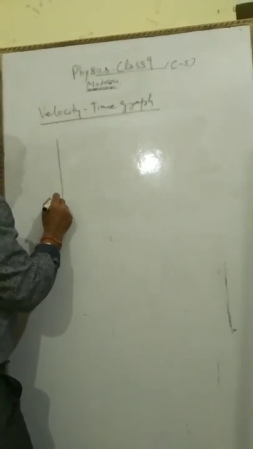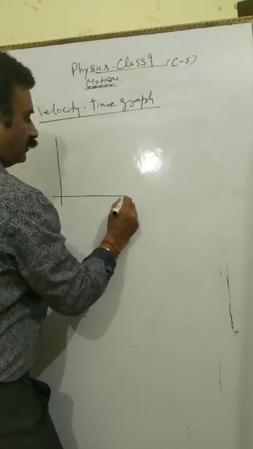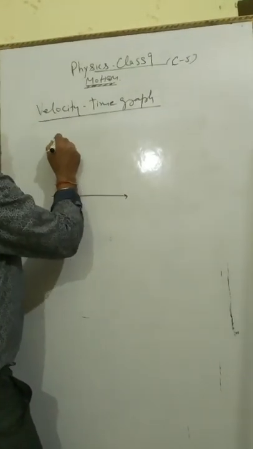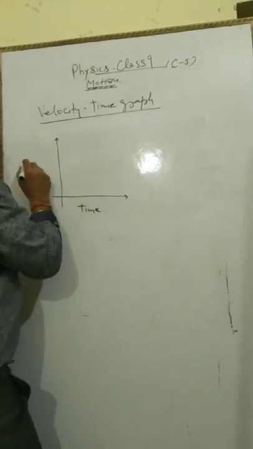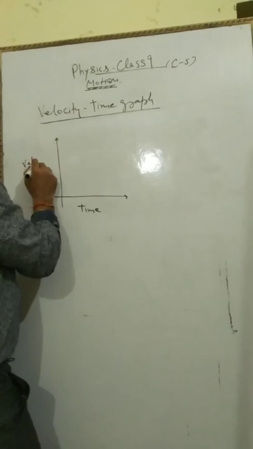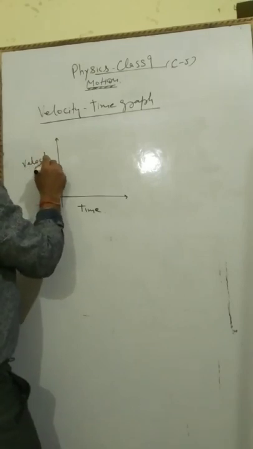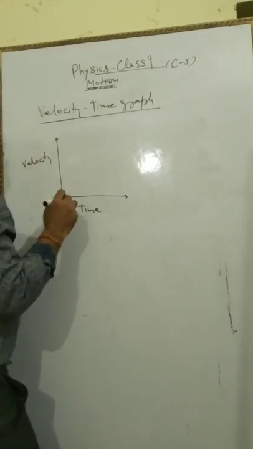For example, here the x-axis represents time and the y-axis represents velocity.